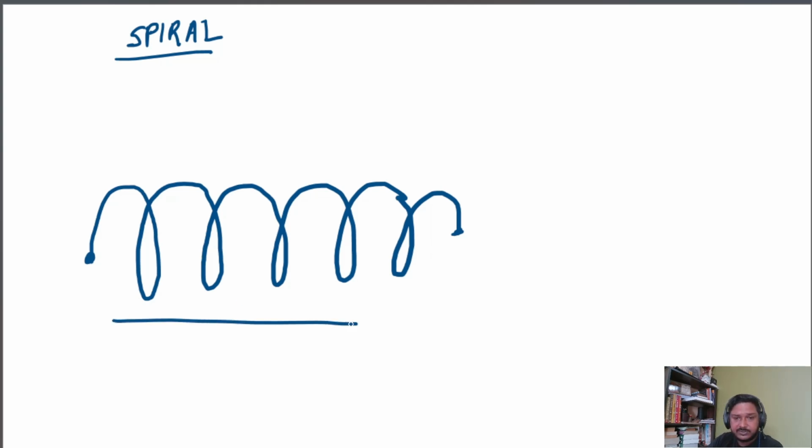So it is translating in this x direction, and this rotation, that is this circle, which I am now drawing in red, this is basically a circle. I'm just showing you the part of the circle which is the part of this spiral motion.